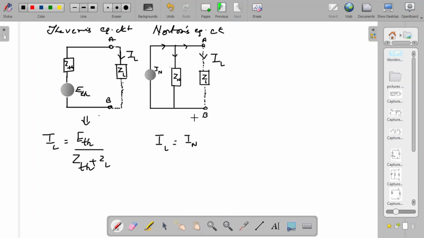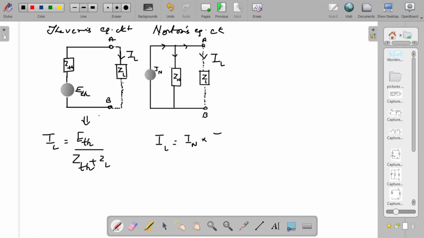Okay, we have to find the current flowing through ZL, right? So first we have to write here the main current IN, then the impedance opposite to this branch. So this is the branch through which you are finding the current. So opposite to that branch is actually Zn.